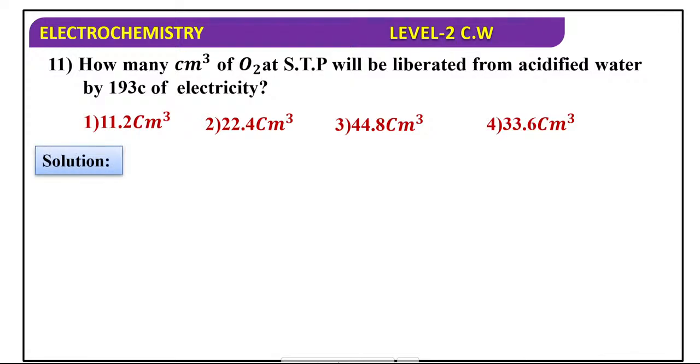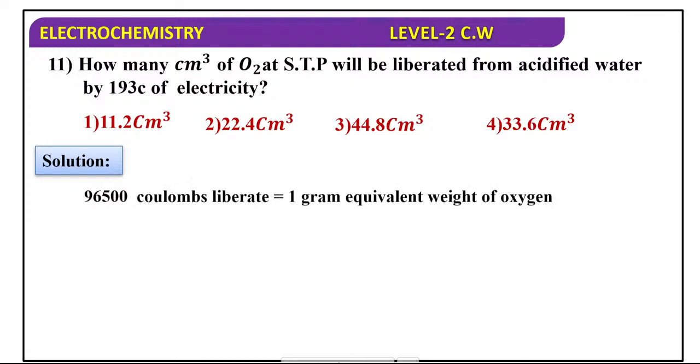So you know 96500 coulombs, which means 1 Faraday, will liberate 1 gram equivalent of oxygen. 1 gram equivalent of oxygen means 16 by 2, which means 8 gram of oxygen.